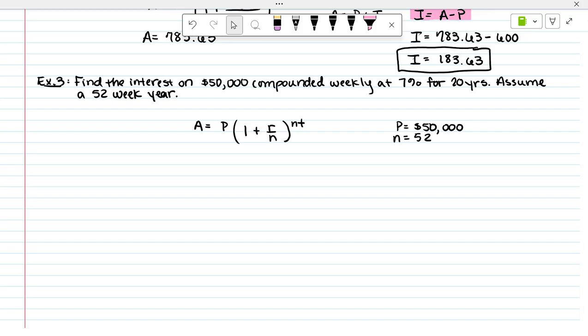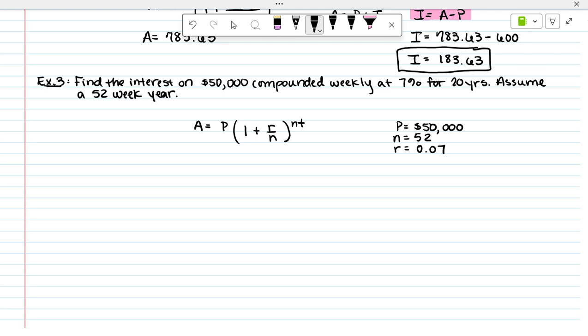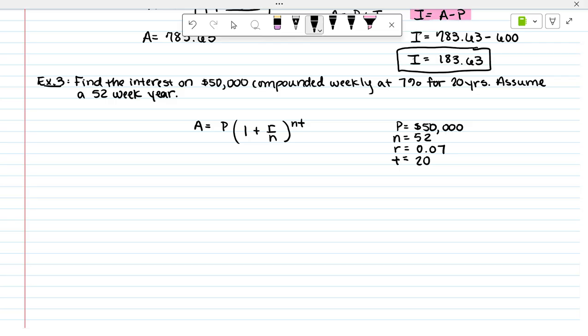Let's see, what else do I have? 7%, that's my R. By now, we've done enough rates that I know that I have to express that as a decimal, 0.07. And time T is 20 years. Okay, so this is a pretty lengthy investment, and it's a pretty hefty one. We're putting $50,000 in to start with, and we're letting it sit.